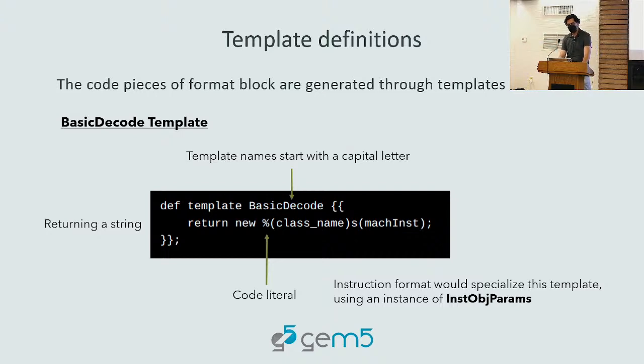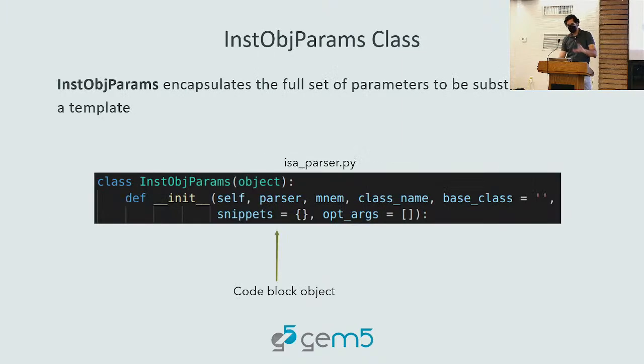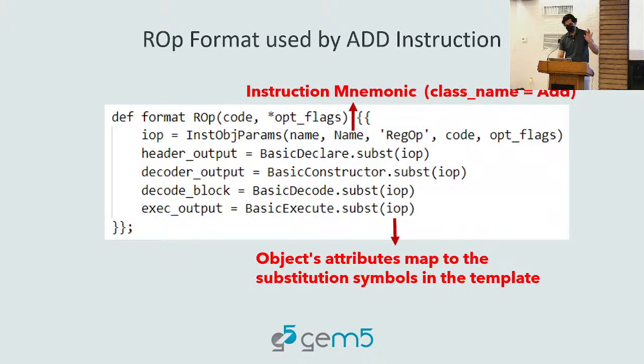So in this case, you are simply returning new, and in the template you have a symbol called class name, which you want to be specialized, or you want something else to go there. So let's look at the mapping of this decode template to the actually generated code. This inst obj params, no need to worry about it.